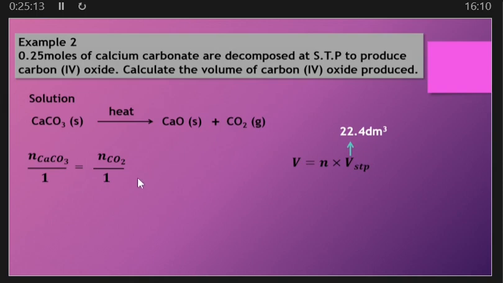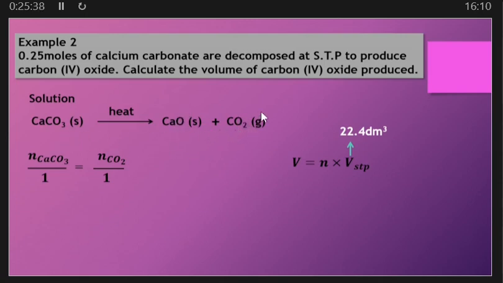Remember that before we do this, we have to balance the equation, and this equation was already balanced: 1 calcium atom, 1 calcium atom, 1 carbon atom, 1 carbon atom, 3 oxygen atoms, 3 oxygen atoms. This is 1 plus this becomes 2.